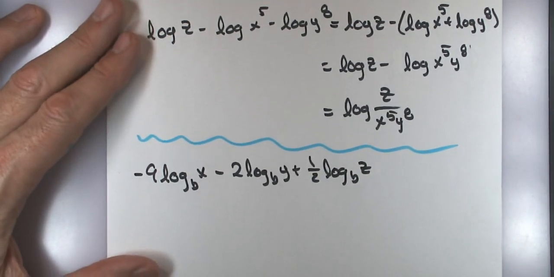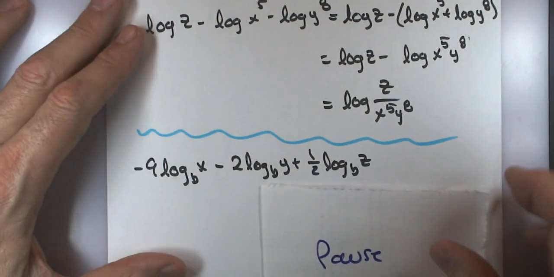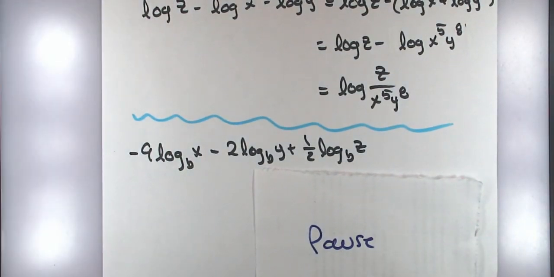So give that one a shot. I'll walk around and try and help you out. Pick whichever of the two above methods works best for you. Try and write this with a single logarithmic term. Try and get positive exponents as well, please.